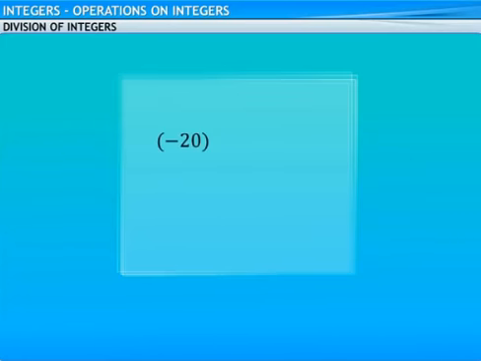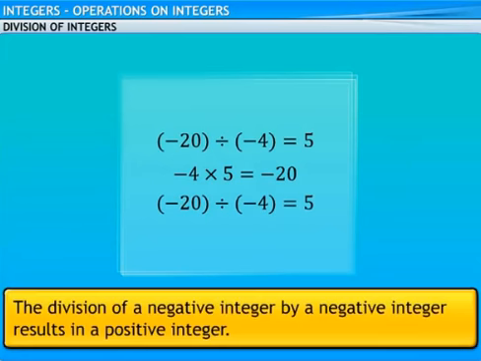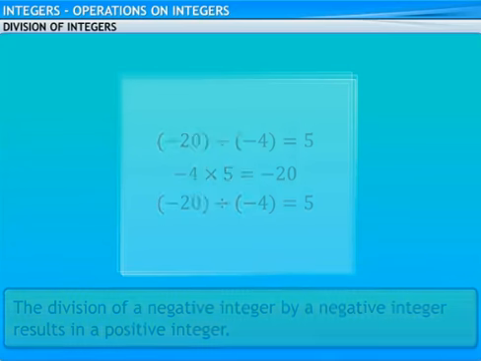Now, observe the example of a negative integer getting divided by another negative integer. Here, minus 4 times 5 gives minus 20, and minus 20 divided by minus 4 gives 5. You can see that the division results in a positive integer. Here the two integers are divided as whole numbers, and a plus sign is placed before the quotient.